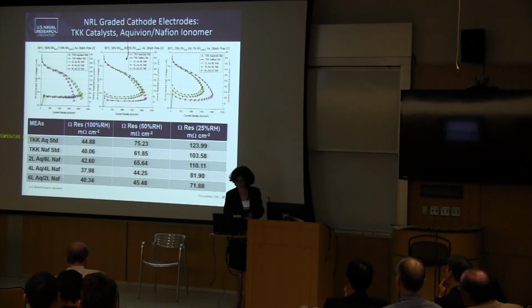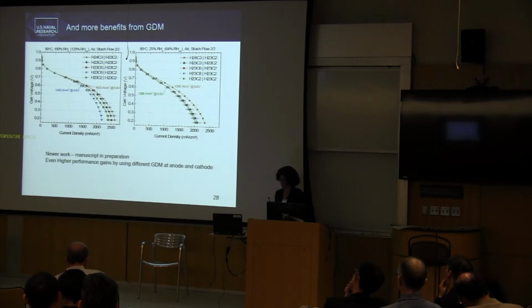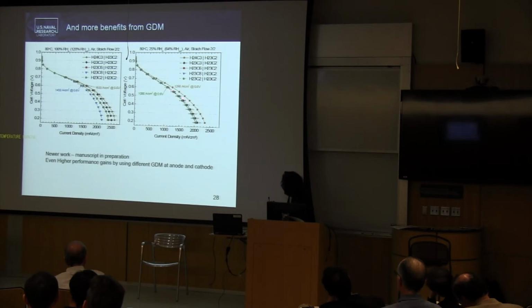And then someone said, hey, why are we using the same gas diffusion media on the cathode and anode? That seems like kind of a stupid idea. So we got in the lab and tried different mixtures of Freudenberg gas diffusion media. And look, here you go. It jumps out again. Sometimes we're below 2 amps per square centimeter, and this depends on the condition.